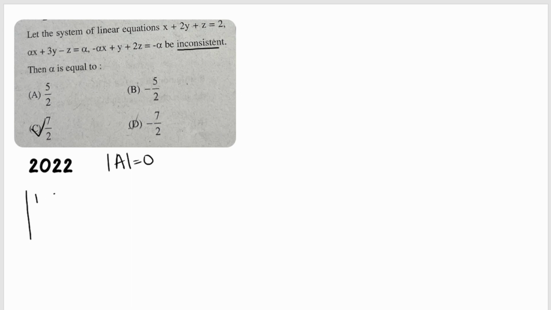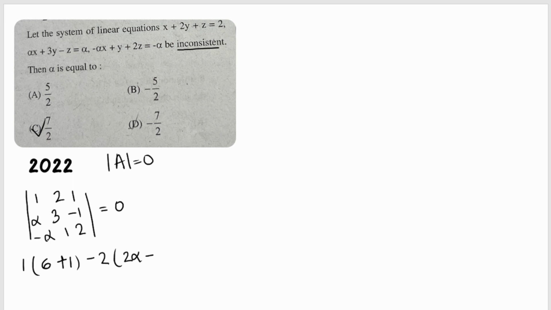So we have 1, 2, 1, alpha 3 minus 1, then minus alpha 1, 2, equated to 0. So 1 into 3 2s are 6. 6 minus or minus alpha minus or minus 1 is plus 1. Then you have minus 2. Then alpha into 2 is 2 alpha. You have minus. Then you have minus alpha into minus 1 is plus alpha.